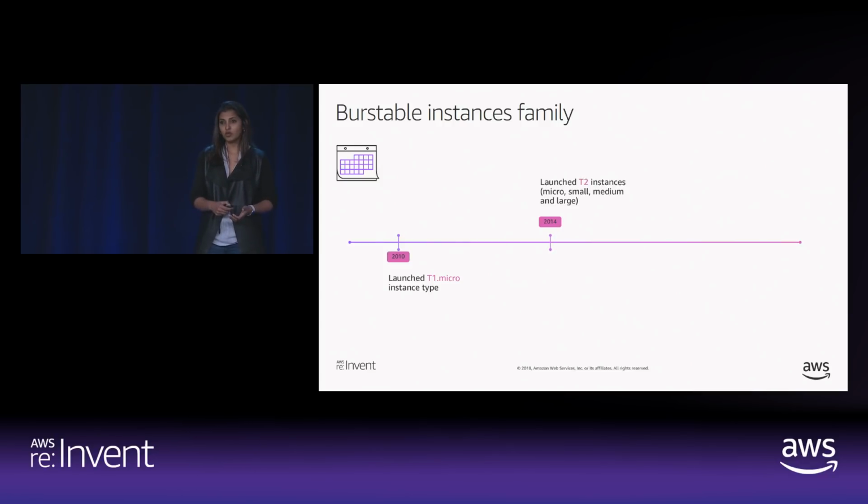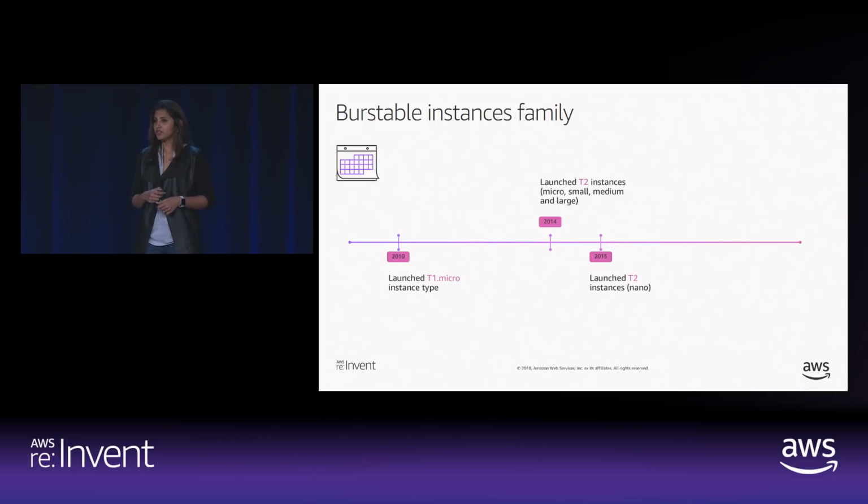So in 2014, we launched the next generation in four sizes: Micro, small, medium, and large. Along with that, we designed a more transparent and traceable CPU credit model, where you can see how you earn CPU credits when you don't use compute power, and then use the earned credits to burst compute power.